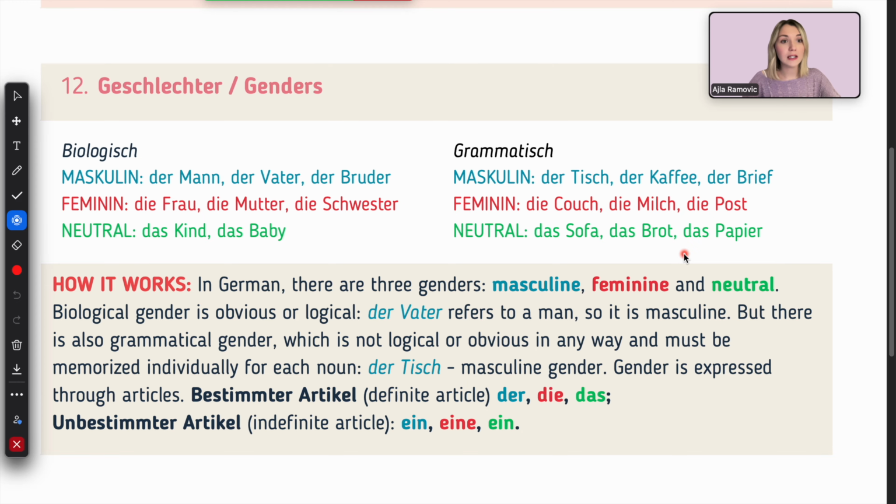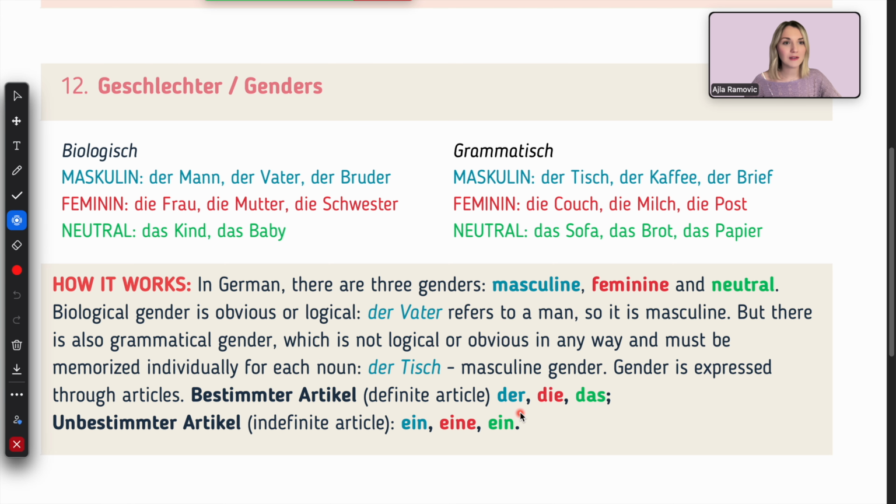Here we have different articles. Bestimmter Artikel, this is how we call it in German. In English, definite article. And these articles we are using when speaking about something specific, about something concrete. The definite article for the male gender is der.